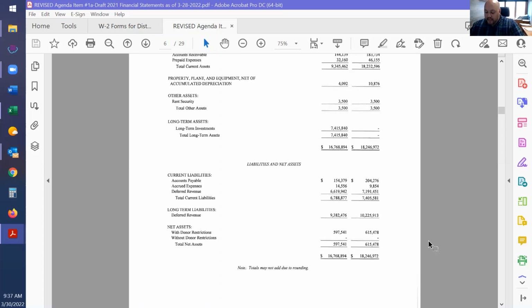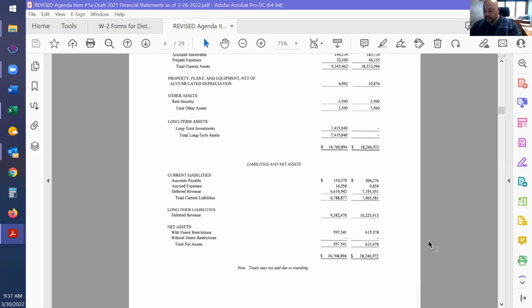Down below is the net assets, and since this is all funded, basically all the net assets are donor restricted because you're required to be using it with or for specific purposes. So that's why it's shown there as with donor restrictions, and we have nothing shown without donor restrictions.